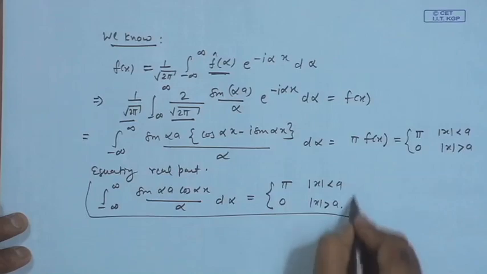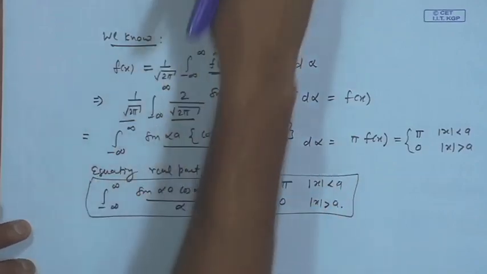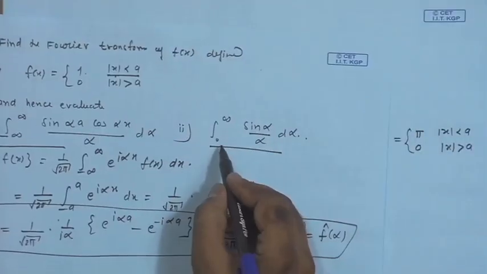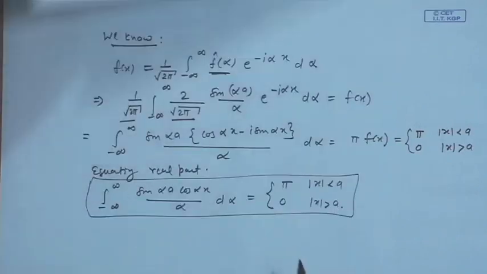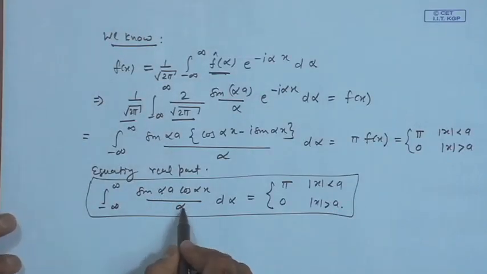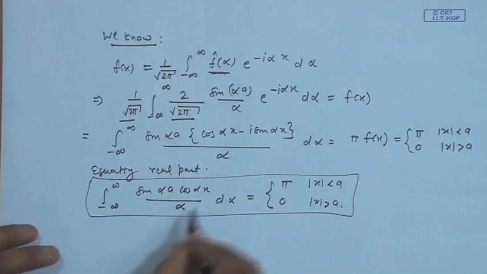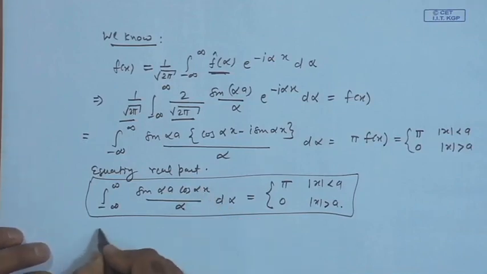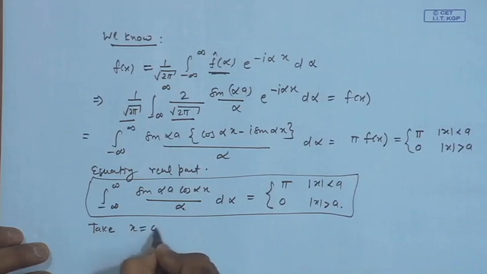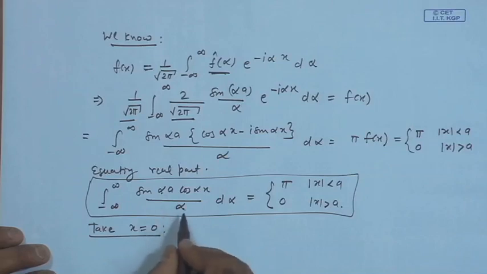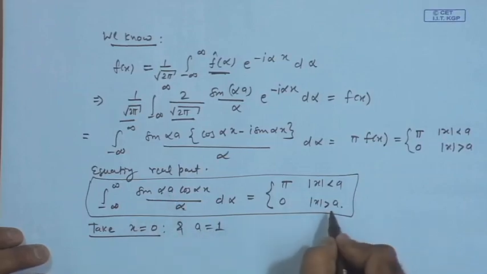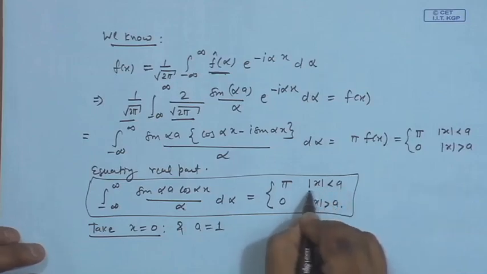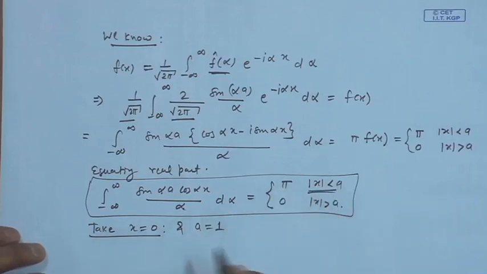So that was the one part of the question. For the second one, we need to have this sine alpha over alpha. So what we do in this case is put x to 0, and let's take this a as 1, so with a as 1 and x as 0, the value would be pi for that integral.